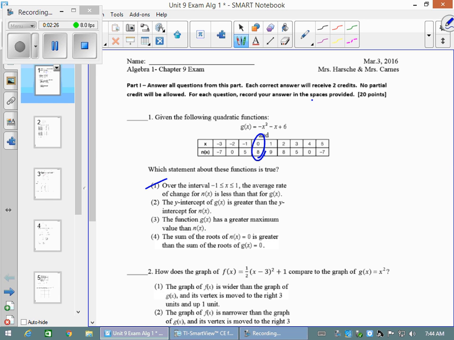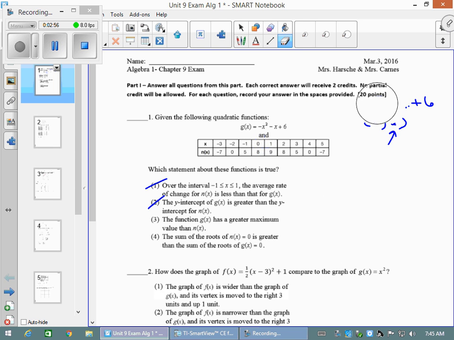So if I plug 0 into the function, I will get back the y value. The y-intercept is 0, 6.